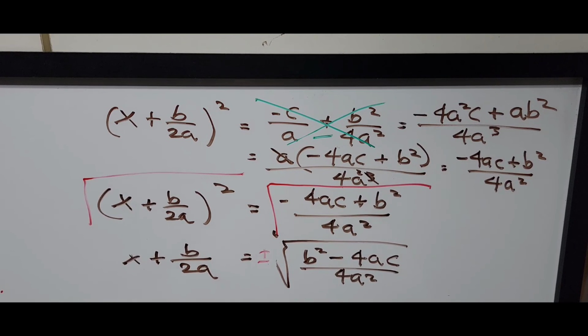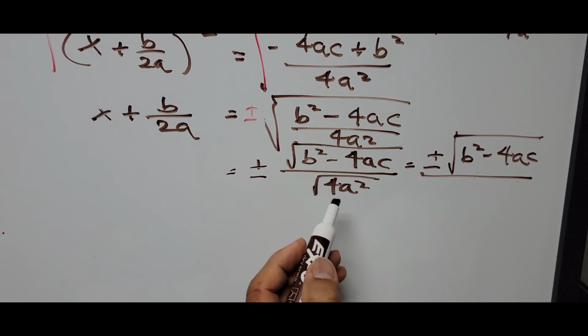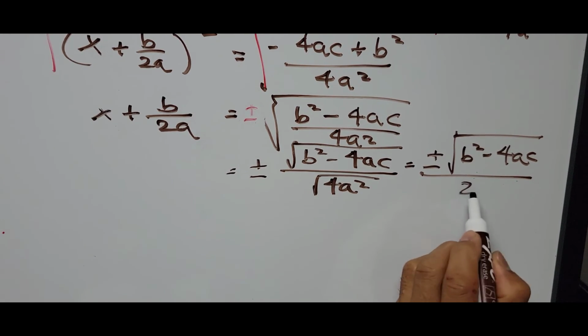So we simplify further: the square root of the denominator, 4a squared, is equal to 2a.